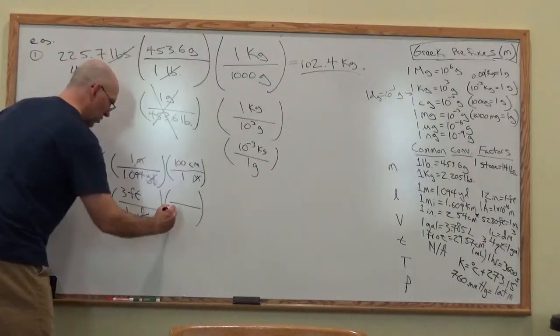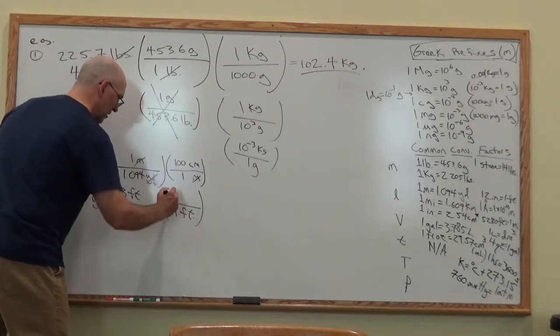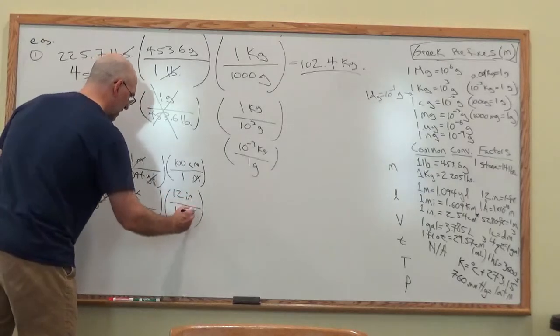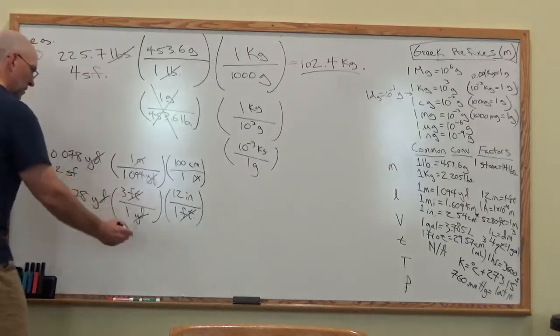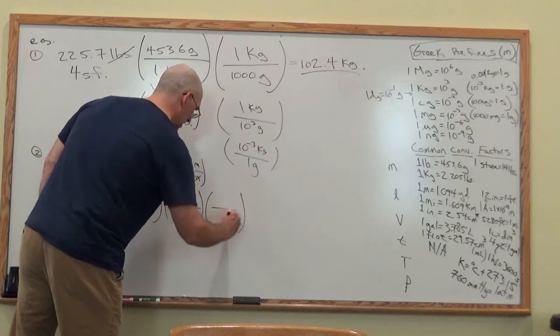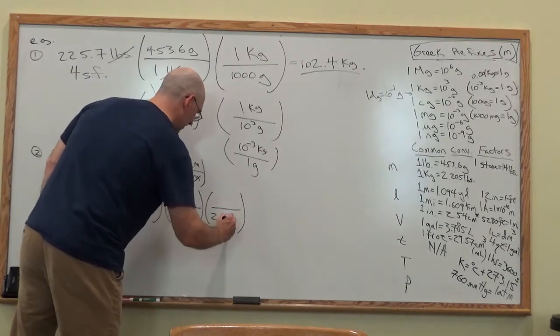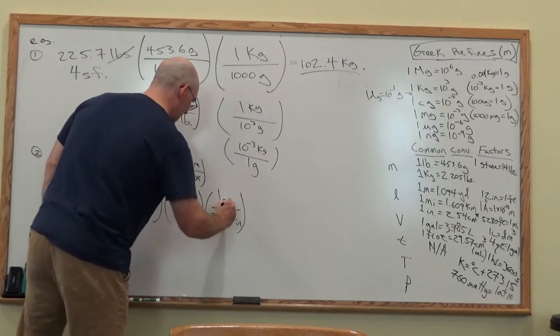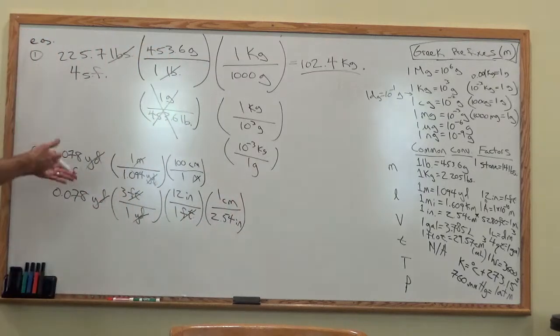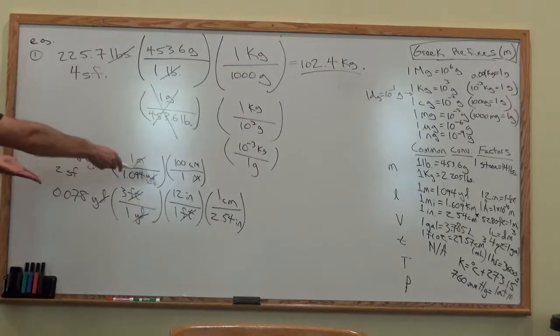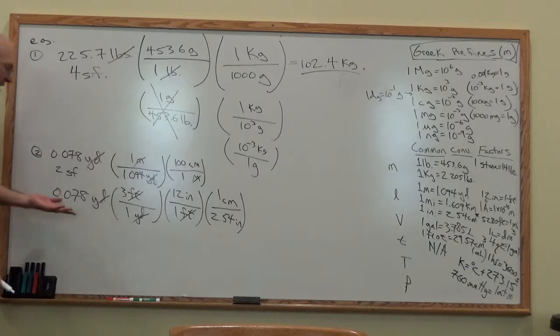I know that 1 foot equals 12 inches. And I know that there are 2.54 inches in every centimeter. So for me, this is one more step, but it just illustrates how this works.